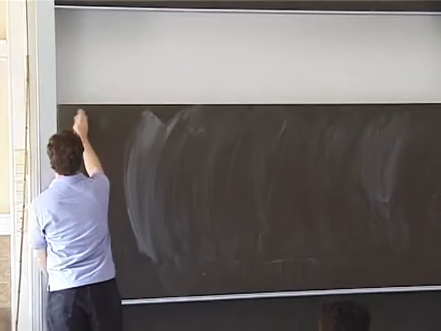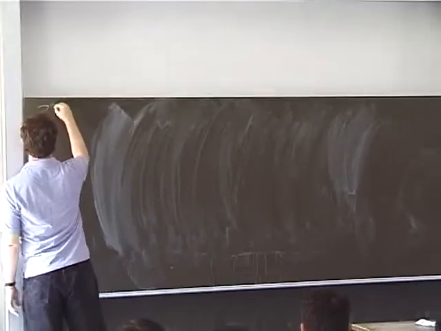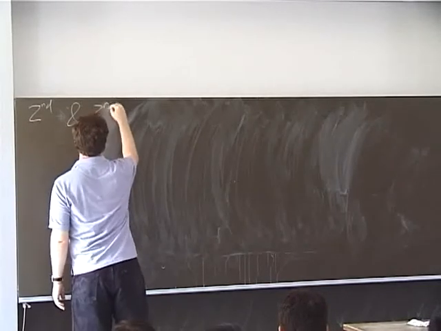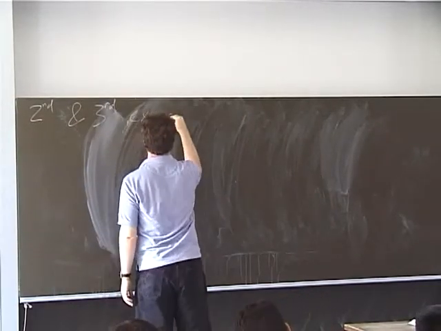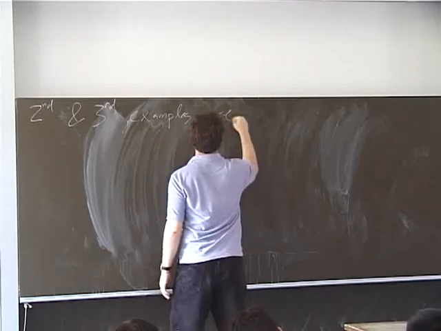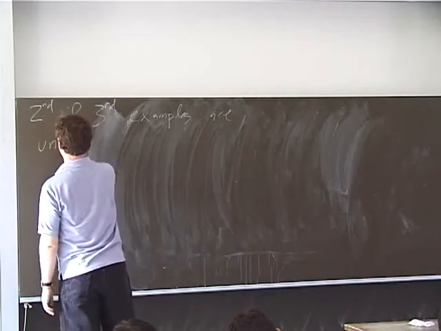So I'm not actually 100% certain whether those things are all rational. But the second and third examples are unirational. What does that mean?